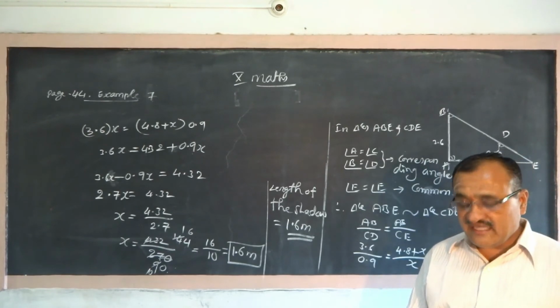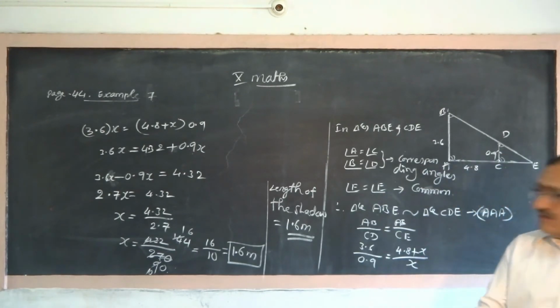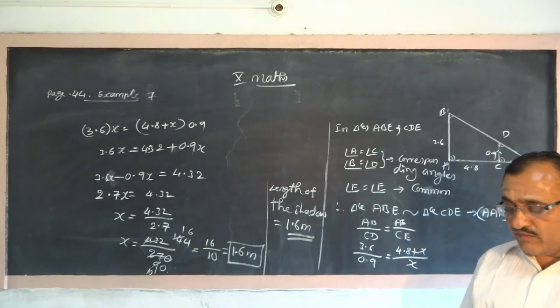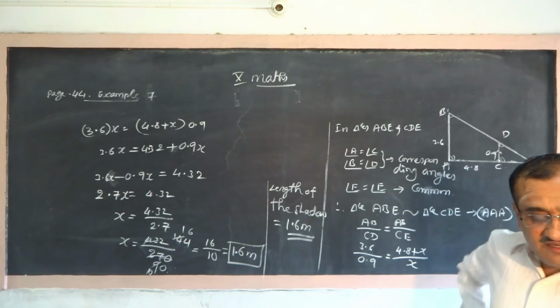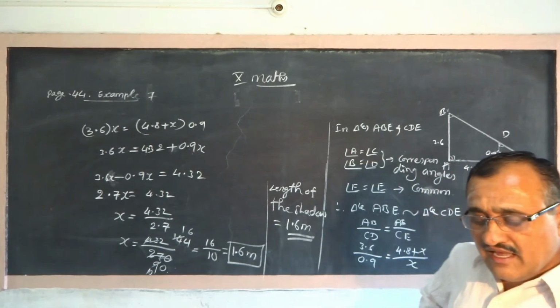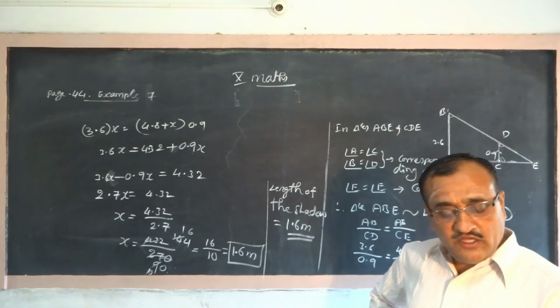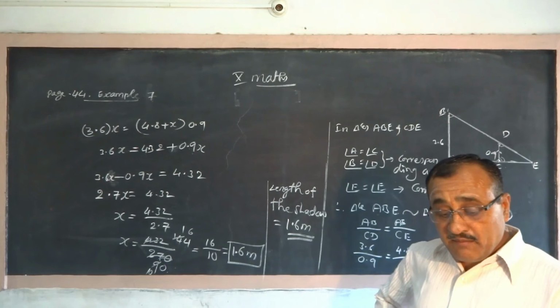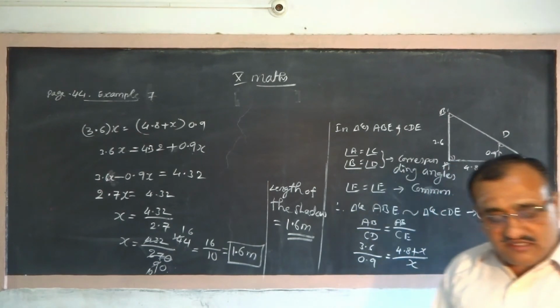Exercise 2.3. So what is that? State which pair of triangles in figure 6.34 are similar. Write the similarity criterion used by you for answering the question, and also write the pairs of similar triangles in the symbolic form.